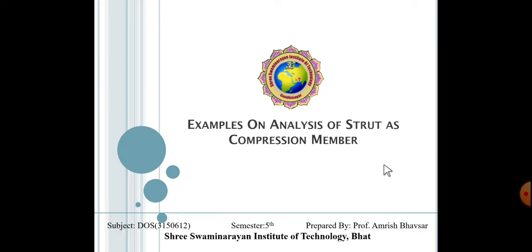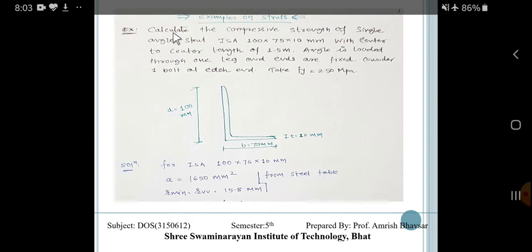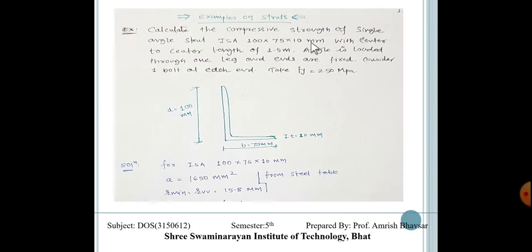For understanding, I have taken one example: calculate the compressive strength of a single angle strut ISA 100 by 75 by 10 mm with center to center length of 1.5 meter. The angle is loaded through one leg, that's why it is eccentric, and the ends are fixed, considering one bolt at each end. Take Fy equal to 250 megapascal.